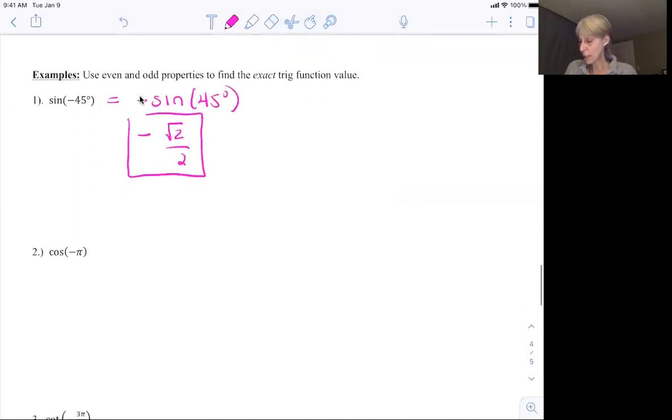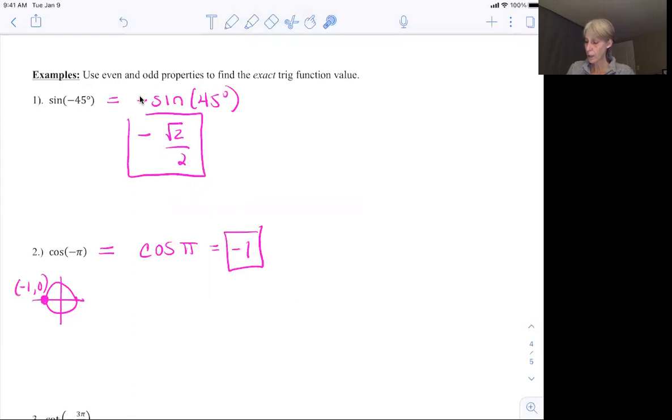The cosine of negative pi, well, when it's a cosine angle, it doesn't matter. It's the same as the cosine of pi. And the cosine of pi, if you think about it, is (-1, 0). So the cosine is -1. Just real quickly, the cosine of negative pi is the same as the cosine of pi. It's really kind of easy to see that one.